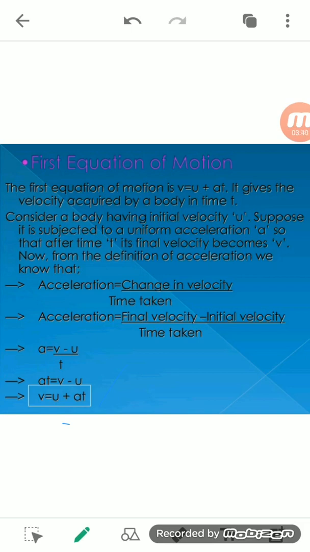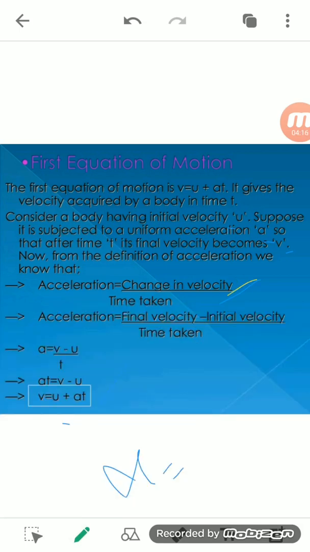For the first equation of motion, consider a body which has an initial velocity u, and suppose this body is subjected to a uniform acceleration a. After time t, it changes velocity, and the final velocity becomes v. Now by definition we know that acceleration equals change in velocity upon time taken.